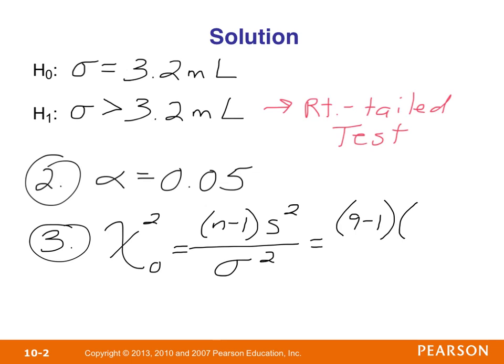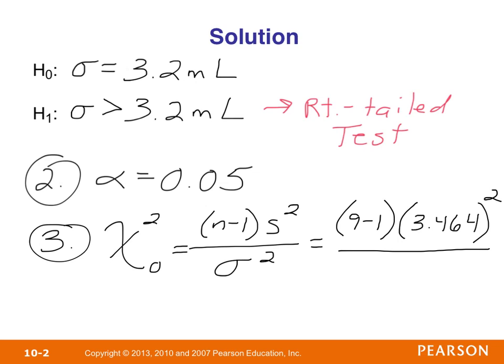The sample standard deviation is 3.464, rounded to 3 decimal places, and I rounded to 3 decimal places because I want my chi-square test statistic to 3 decimal places, so for precision's sake that's what we're doing. And then this is over, don't forget that's squared.